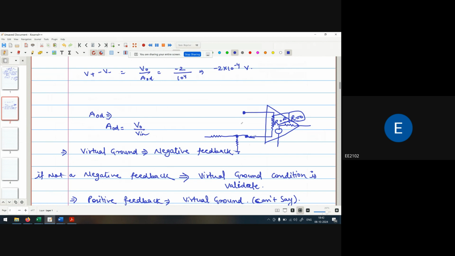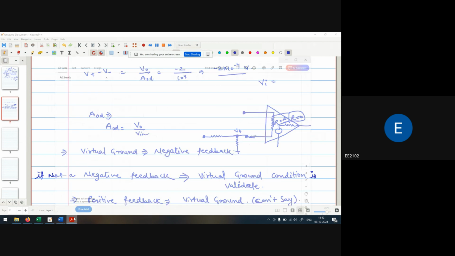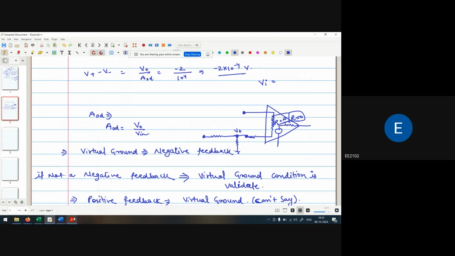If the voltage drop across this point is this one, what is the voltage here? So Vi is related in what way with respect to this voltage? V plus, I think. Yes, V plus.